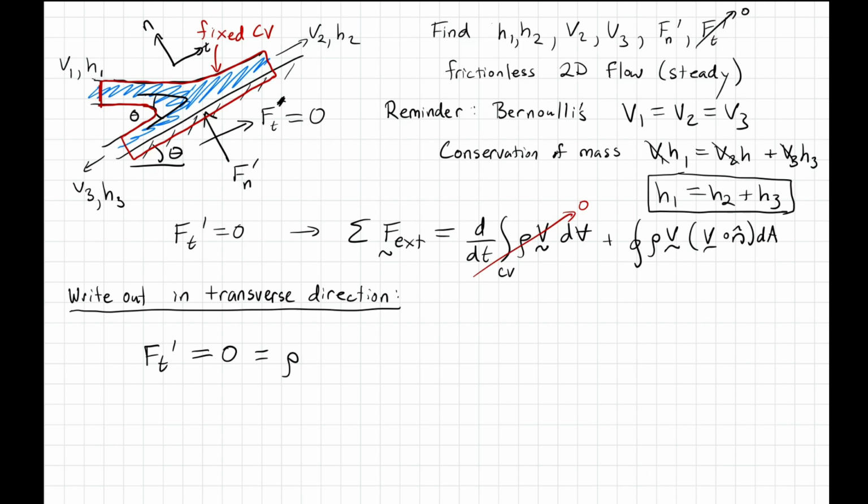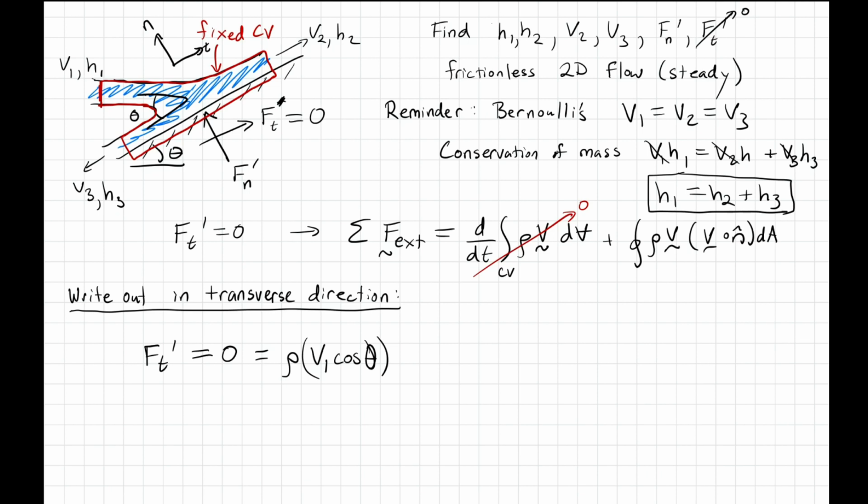So what is v projected onto the transverse direction? I have to take v1, the actual magnitude of the velocity, and project that onto the transverse direction. So the magnitude would be v1 cosine theta, because I only want this transverse component.